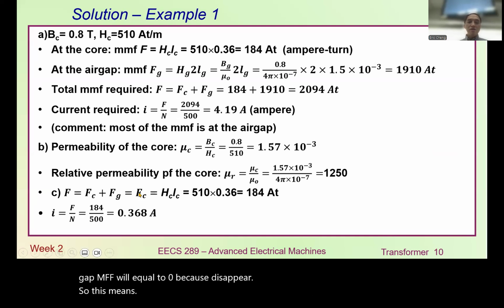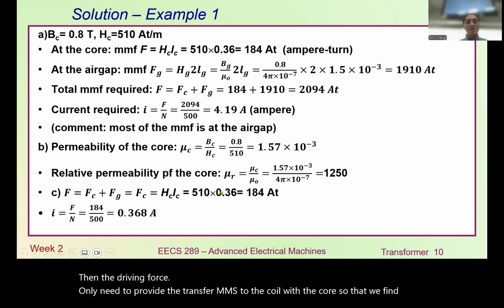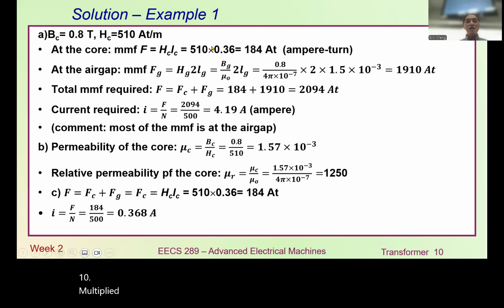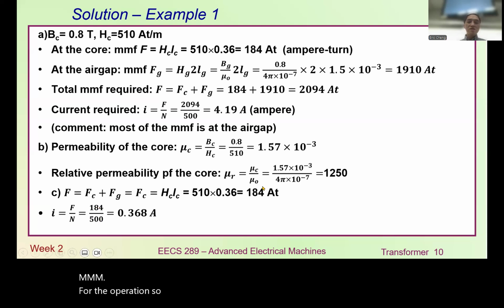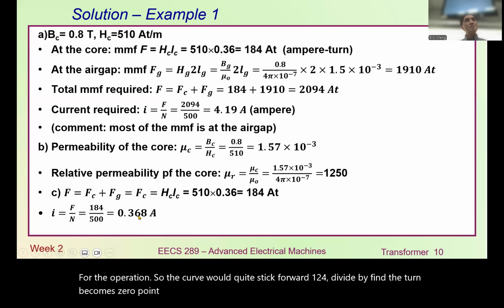Then the driving force only needs to provide the MMF for the coil with the core. So that is 510 multiplied by length, which is already calculated here, is 184. So we only need 184 mmF for the operation. So the current is quite straightforward, 184 divided by 500 turns becomes 0.36 ampere.